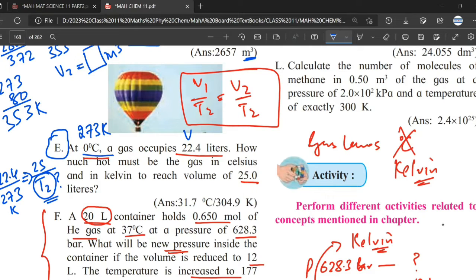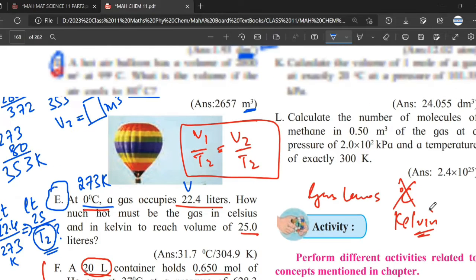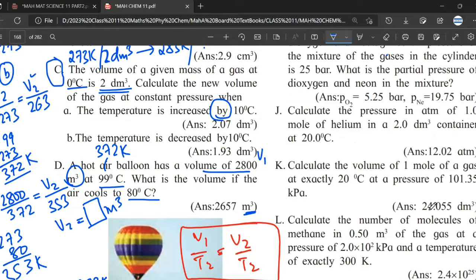These are all the simple things that you need to keep in mind. For example, here the volume is in liters, and on the right hand side also it is in liters. But if on one side the volume is in meter cube and on the other side it is in decimeter cube, then you should know how to convert between meter cube and decimeter cube. Am I making sense? Simple numericals.